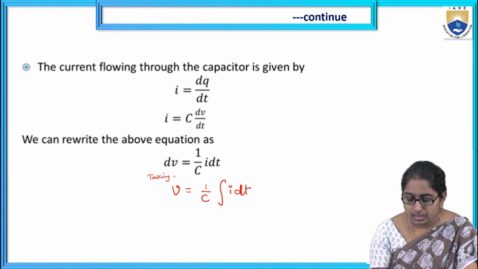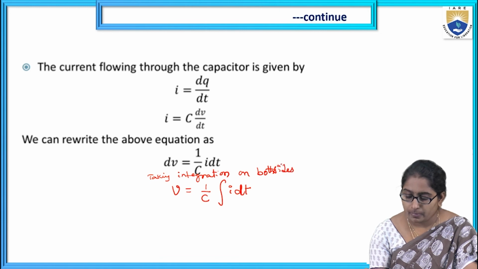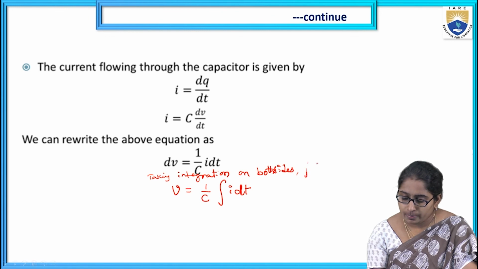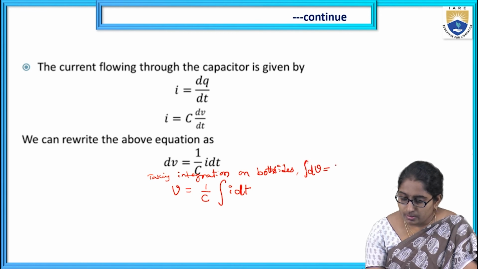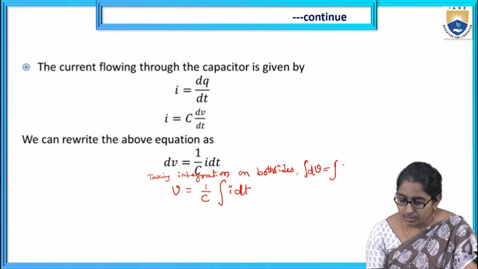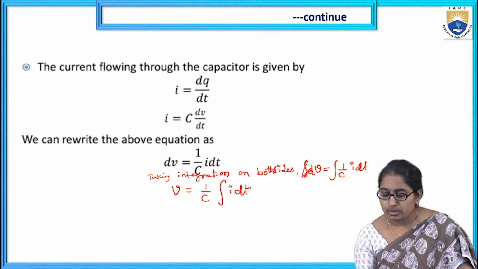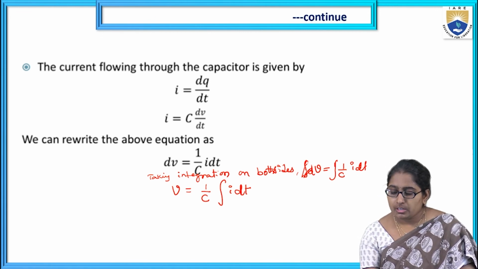It is obtained by taking integration on both sides: integration of dV, integration of 1 by C I dt. So the integration and differentiation cancel, and V equals 1 by C, a constant, times the integral of I dt.